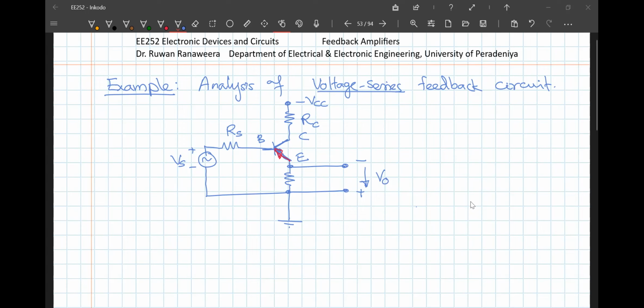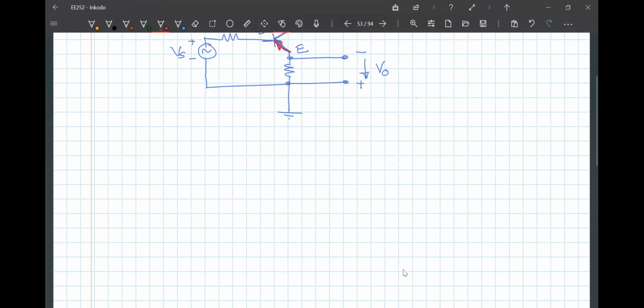So this is shunt sampling, and because it's a voltage, you have to give the feedback in series or shunt. Series. So therefore, what we have here is a series-shunt feedback circuit. Okay, so we have figured that out already.